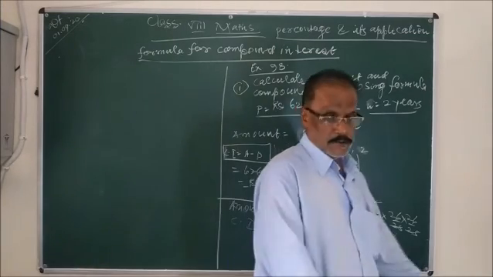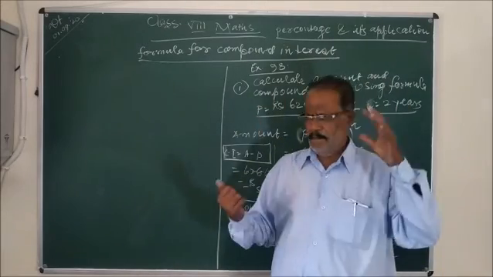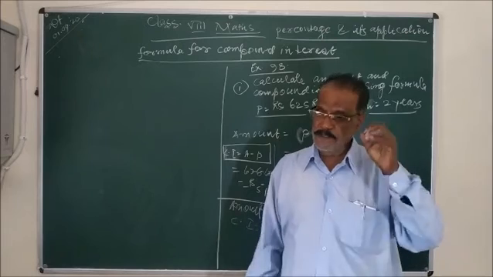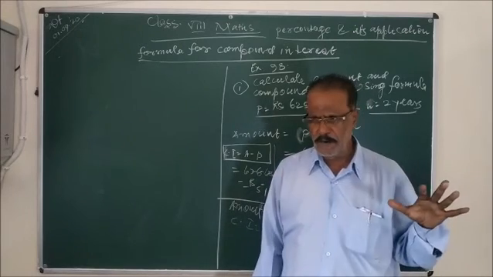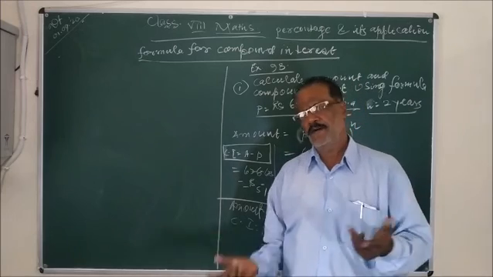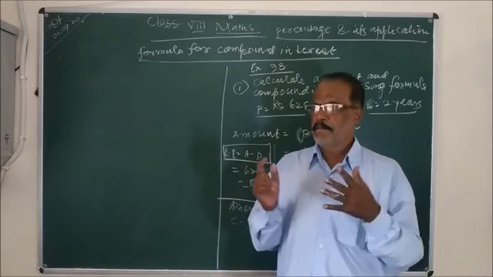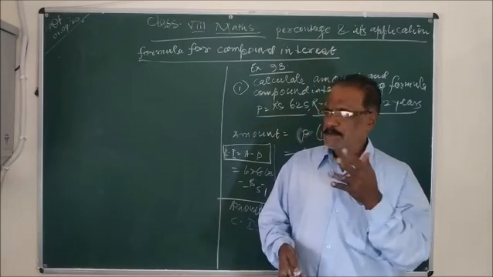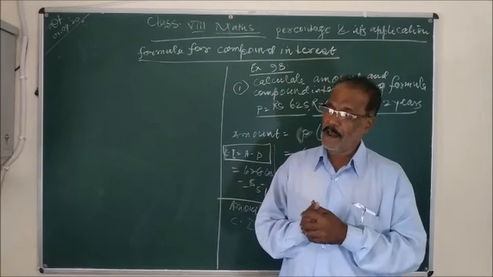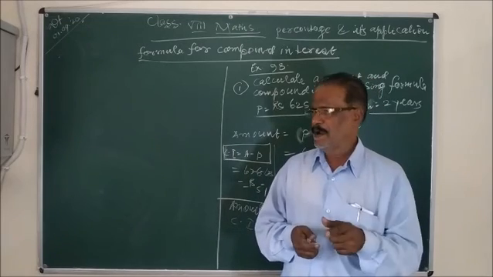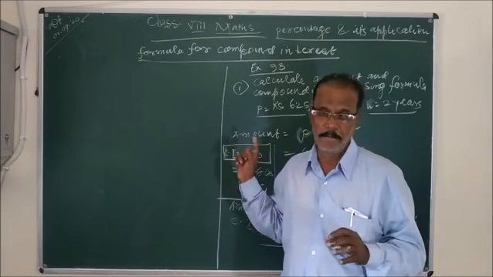Here you can ask the question: sir, can it be solved by the unitary method? My dear, whatever instruction is given in the question, follow it. If no instruction is given, you can use the formula or you can use the unitary method. But if the instruction says find the compound interest by using the formula, you are compelled to solve by the formula.